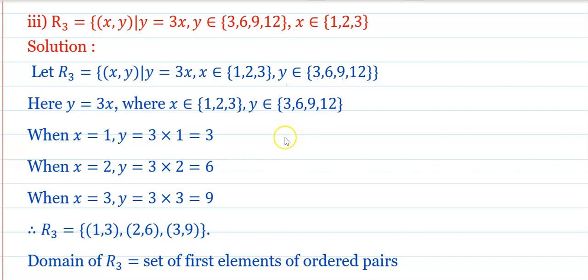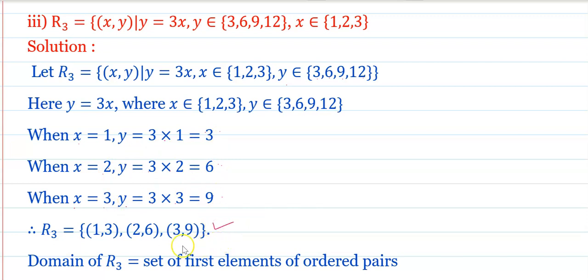Now the solution. If you take x = 1, then y = 3 × 1, so you get 3. x = 2, y = 3 × 2, then 6. x = 3, y = 3 × 3, that is 9. Then the relation here is (1, 3), (2, 6), (3, 9), in this way.